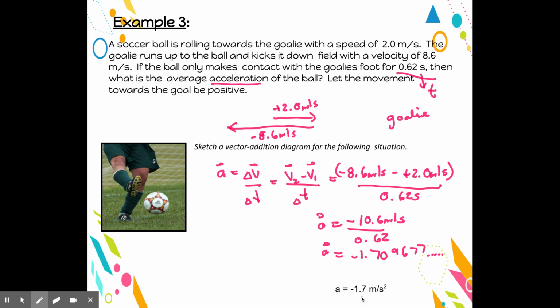So sig digs, I only get 2. So I'm going with negative 1.7 meters per second squared.